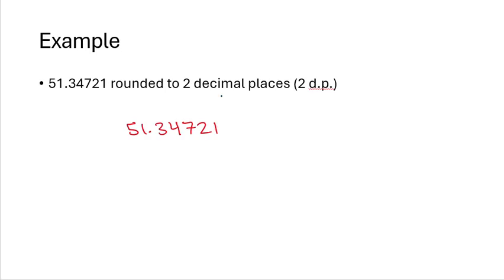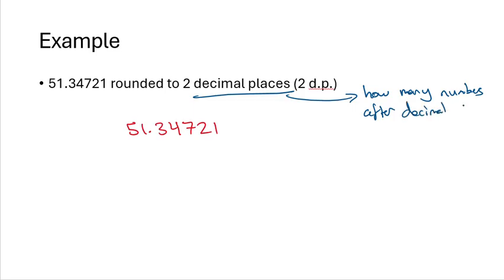So decimal places just mean how many numbers there are after the decimal point. Okay, so because we're going up to 2, I know that I'm going up to the 4.